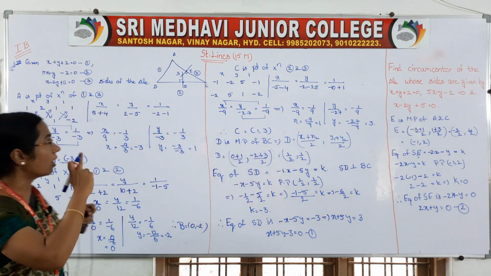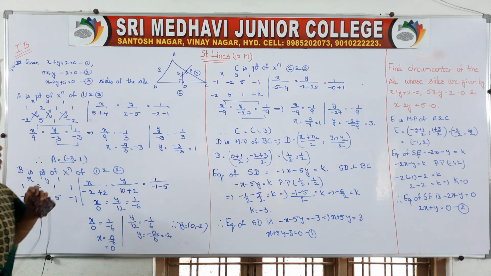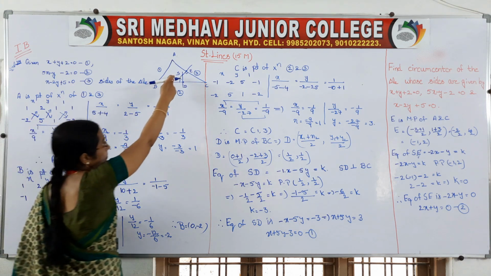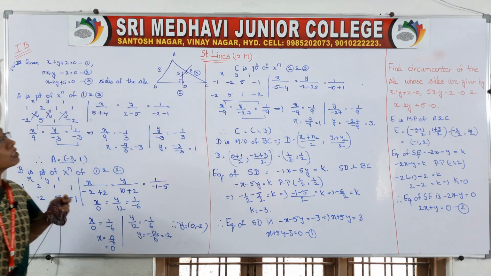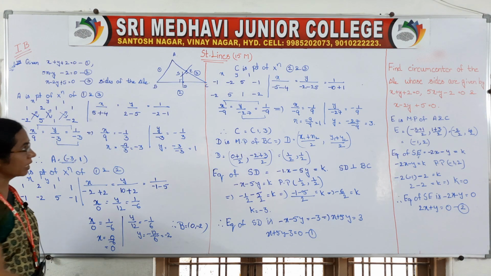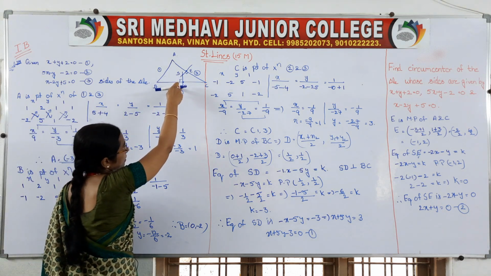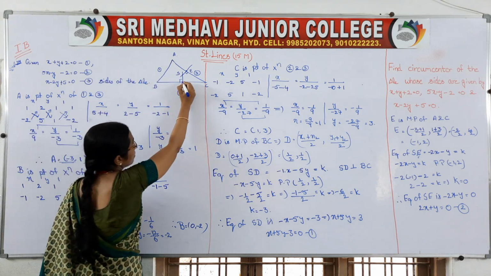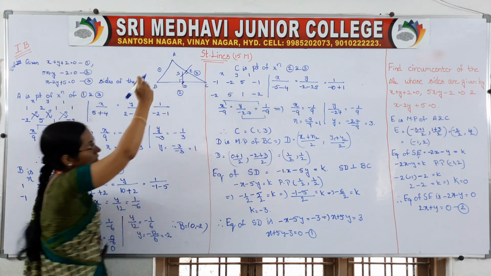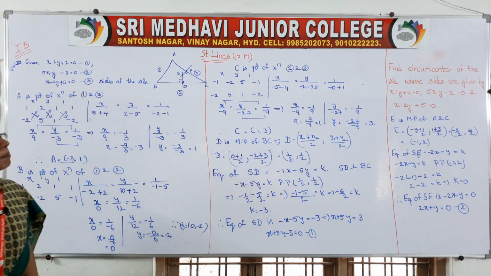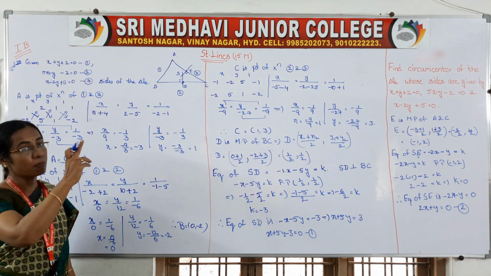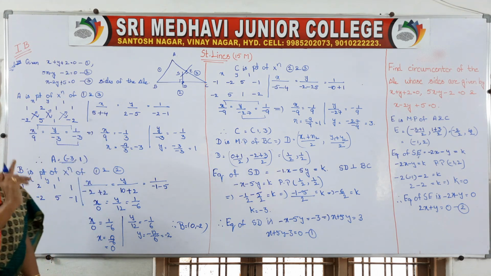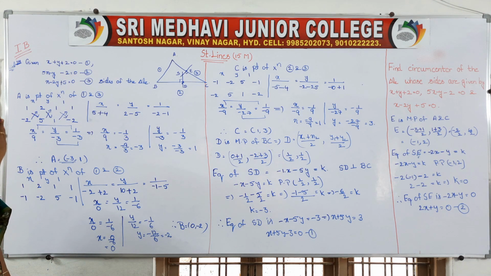Once we have all three vertices, now our aim is to get the perpendicular bisectors SD and SE. So how will we get SD? See, this is SD. Try to get the midpoint first. Why is it the midpoint? That line is a perpendicular bisector, so that point is the midpoint, where the line divides it into two equal parts.